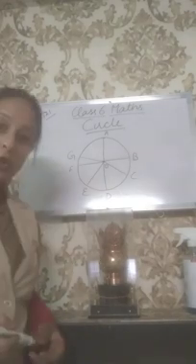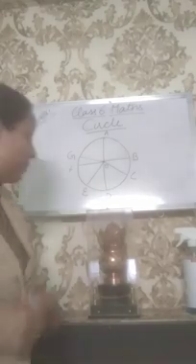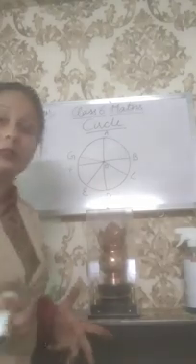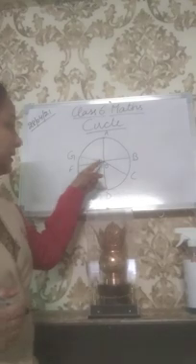Okay? So we are now trying to understand what is a circle. Okay? So this center point and the boundaries of this.